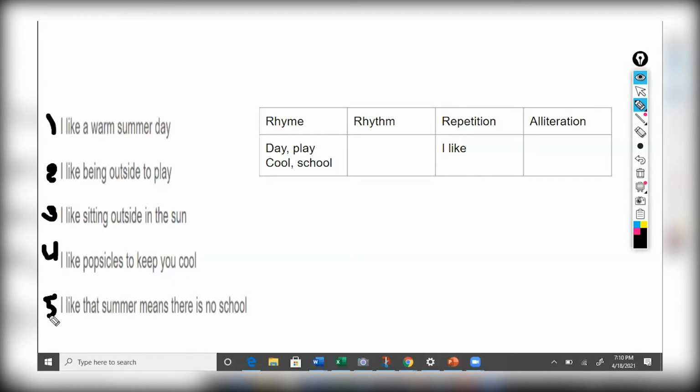I heard the s sound in sitting and sun. Also in line 5, I heard summer and school. Summer and school both make a s sound. So this poem included rhyme, rhythm, repetition, and alliteration.